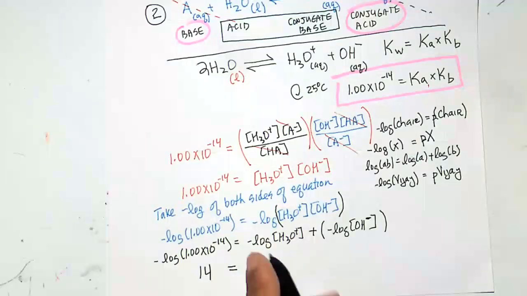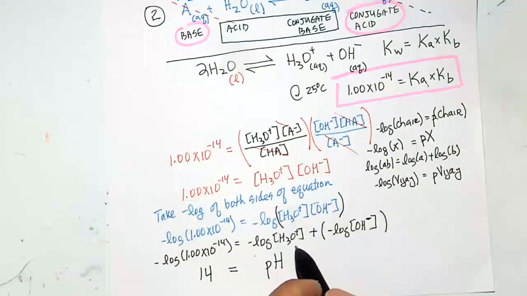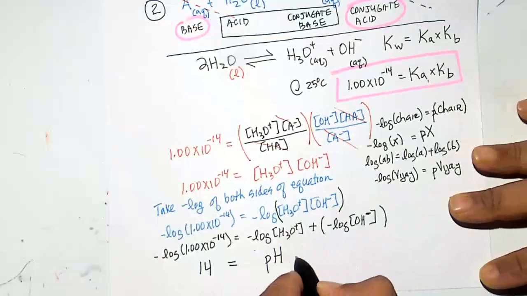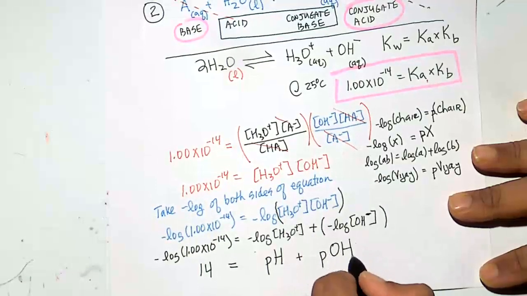I'm just going to call that pH, which is the power of H plus. Instead of H3O plus, I'll call it H plus. So pH, and then minus log of OH, I'm going to call that pOH.